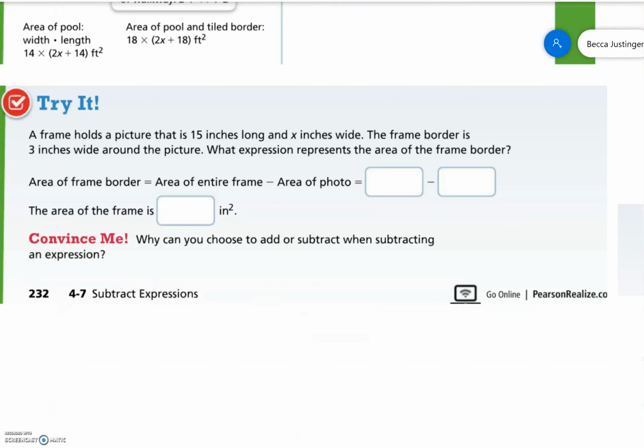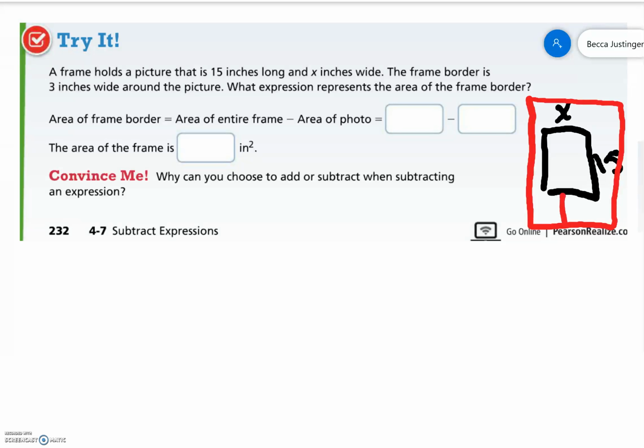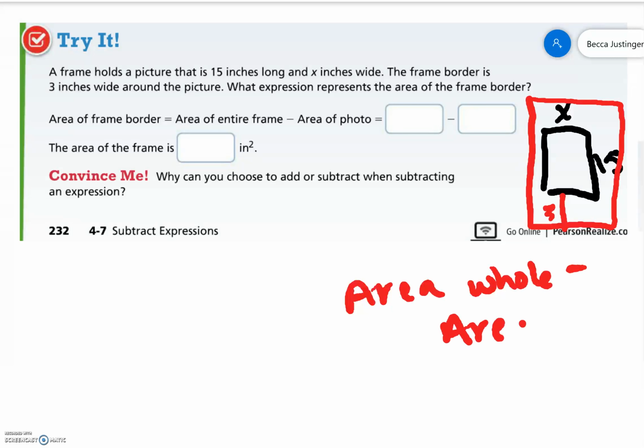A frame holds a picture that is 15 inches long and x inches wide. So we've got 15 and x. The frame border is 3 inches around. So this adds an extra 3 inches. What expression represents the area of the frame border? So we have to find the area of the whole thing and subtract the area of the picture.